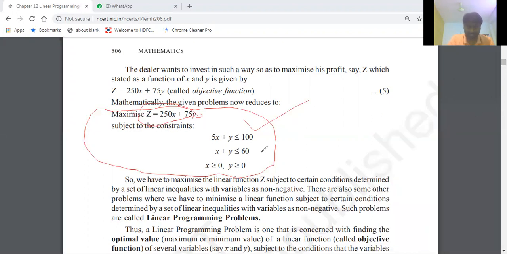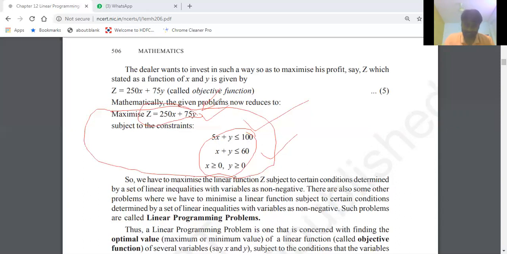Just see that, you can observe that. These three are constraints. And what is this called? Objective function. You have to understand what the objective function is. The objective function is a function which can be maximized or minimized subject to the given constraints, subject to the given limitations.